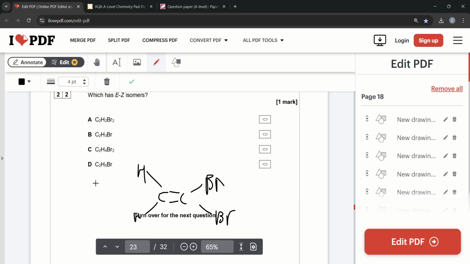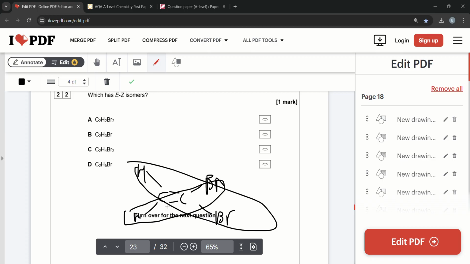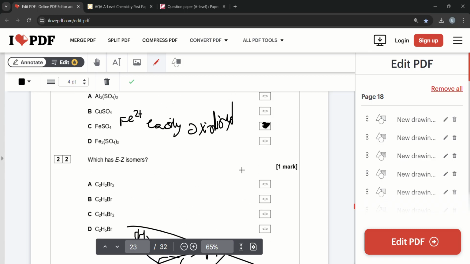Yes, because these are different groups, and if you switch the groups, they can become on the same side. So it is A.